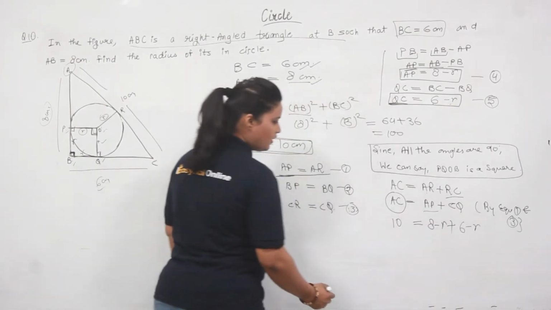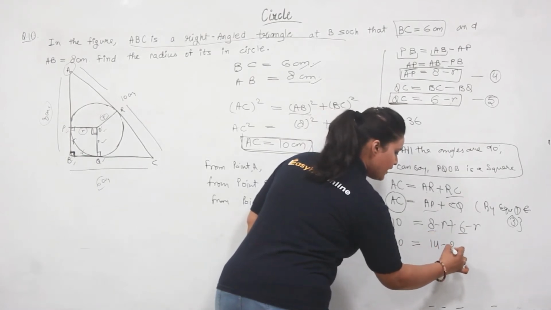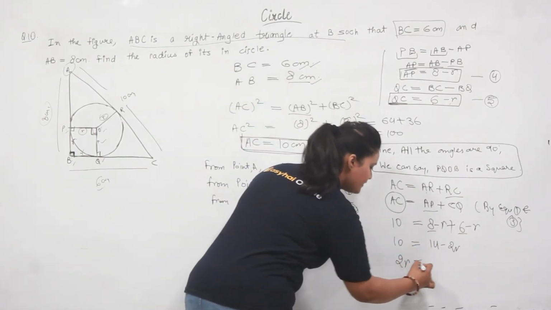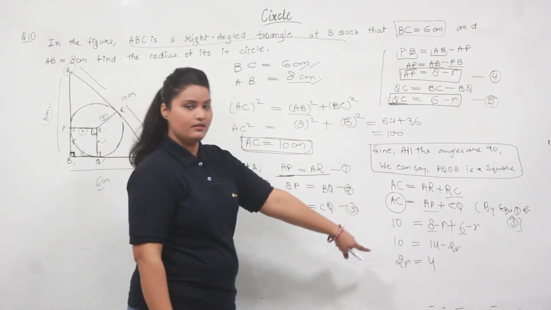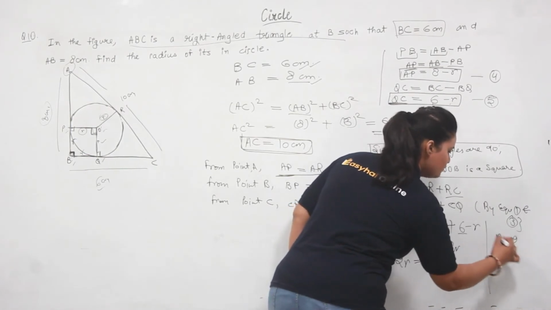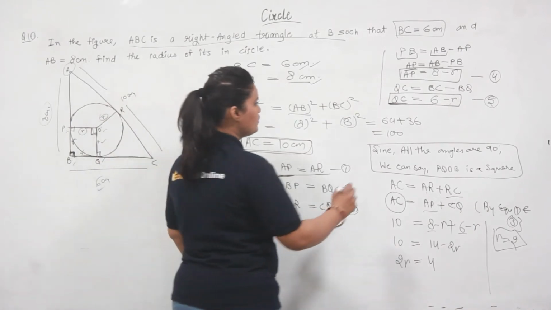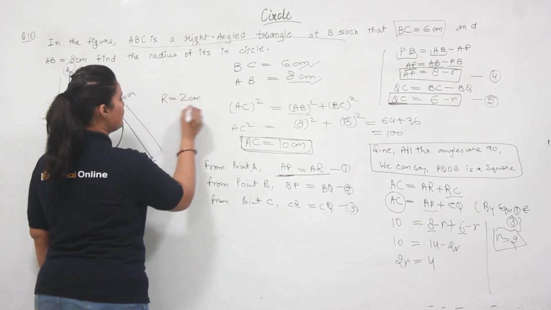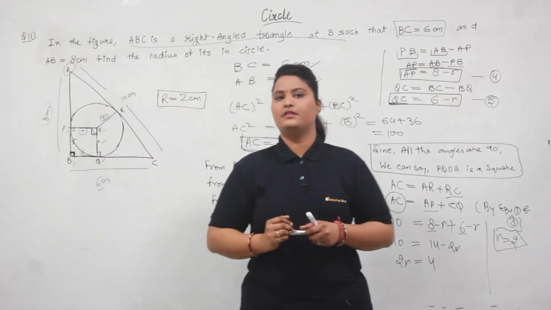Now is it easy to solve? 10 is equals to 8 plus 6, 14 minus 2R. Now just take 2R at left hand side and this at right hand side. 14 minus 10, 4. So R is equals to 2. Hence I can say R is equals to 2 centimeter, means the radius of the circle will be 2 centimeter.